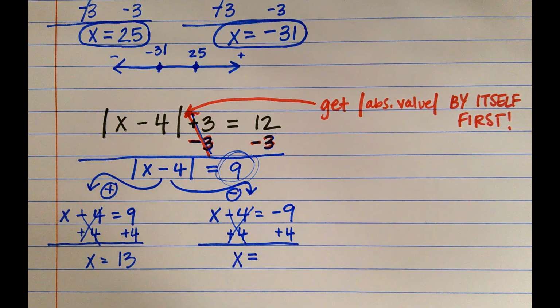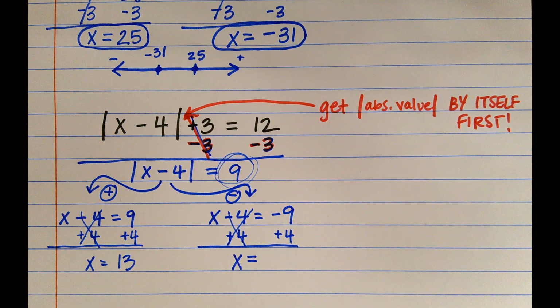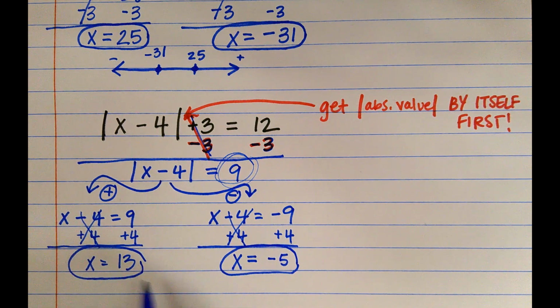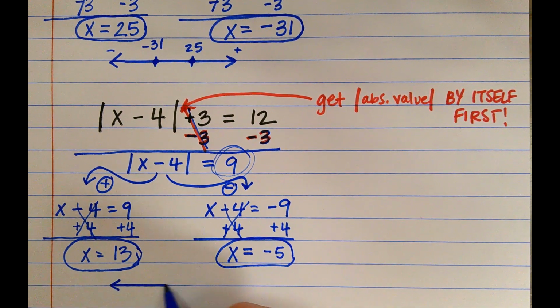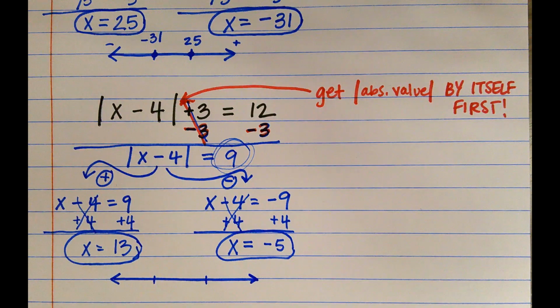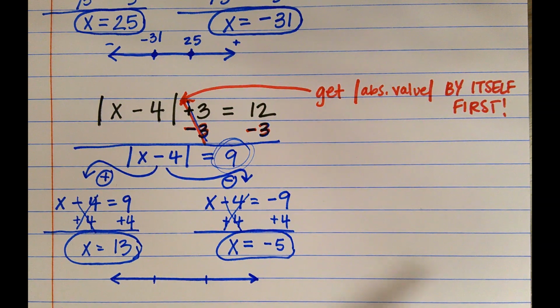Here I get x equals negative 9 plus 4, which is negative 5. Negative 5, there we go. Now on our graph, which number goes first?